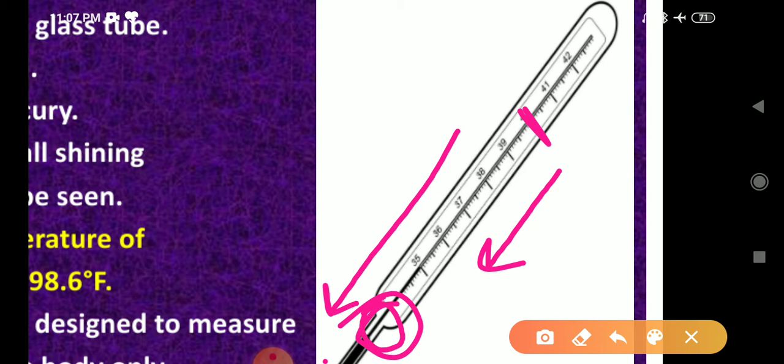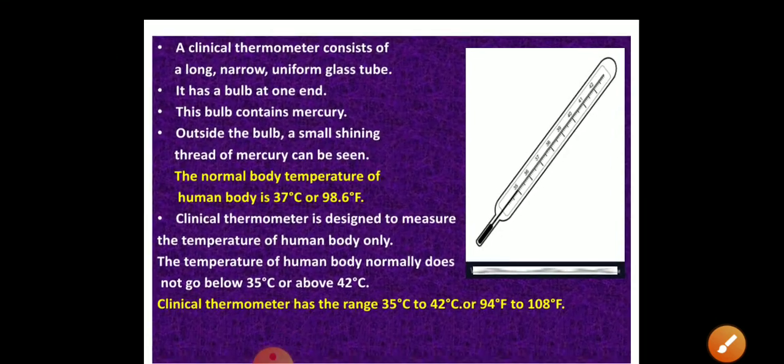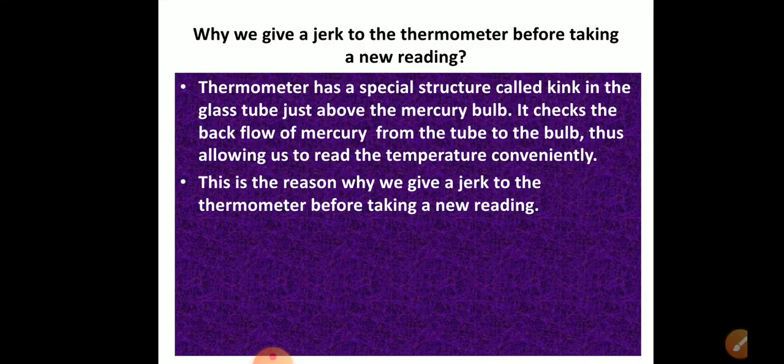And when you give a jerk to it, then the mercury will come back. Then you have to give a jerk to take the mercury to its original place. This is the reason why we give a jerk to the thermometer before taking a new reading.